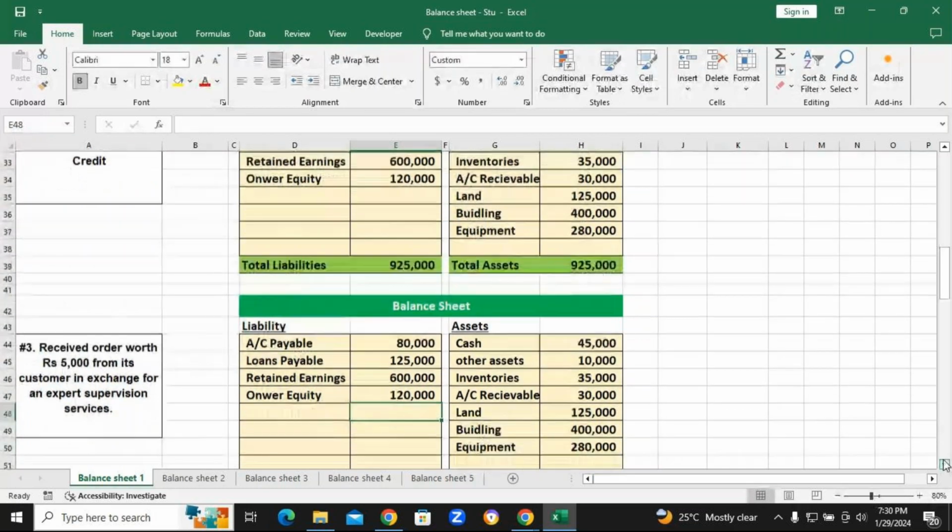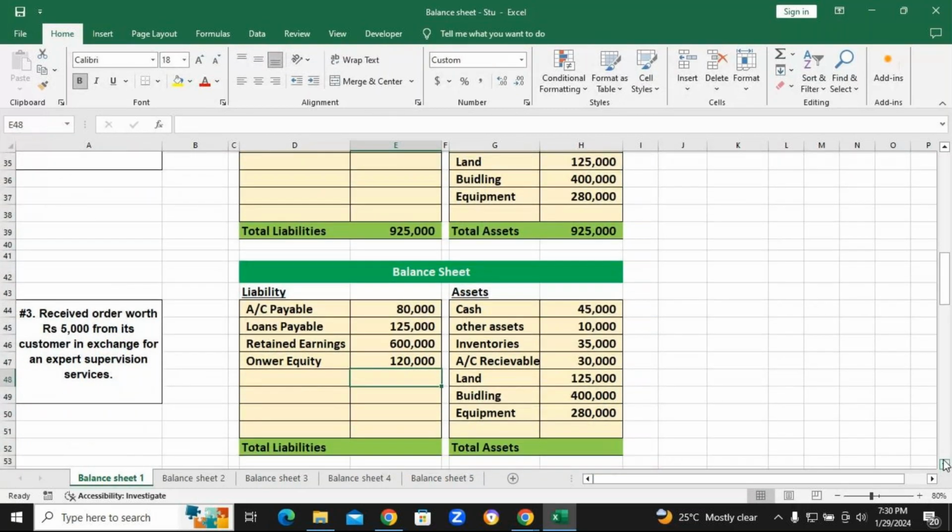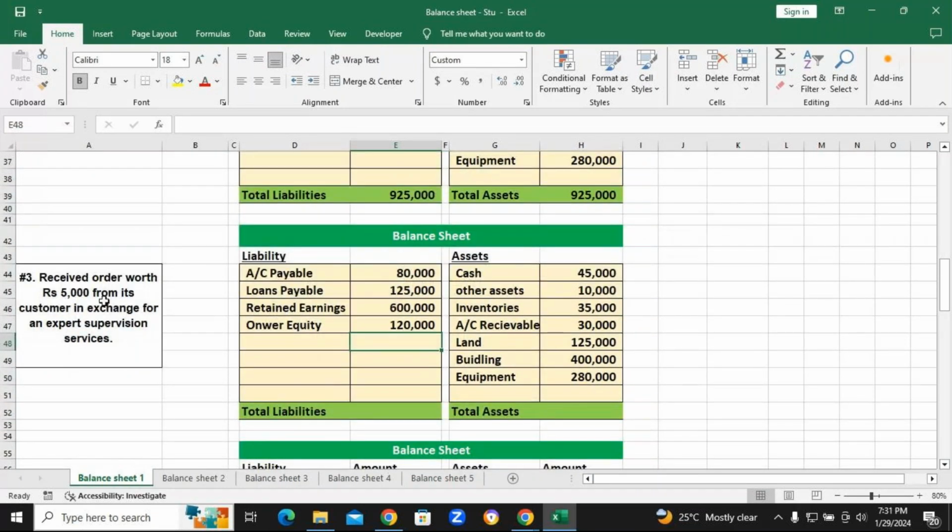So in this third one, there are no changes going to happen because of the order worth 5,000 from its existing customer in exchange for expert supervision. So this is going to remain as it is. No changes in this third one. Fourth one.